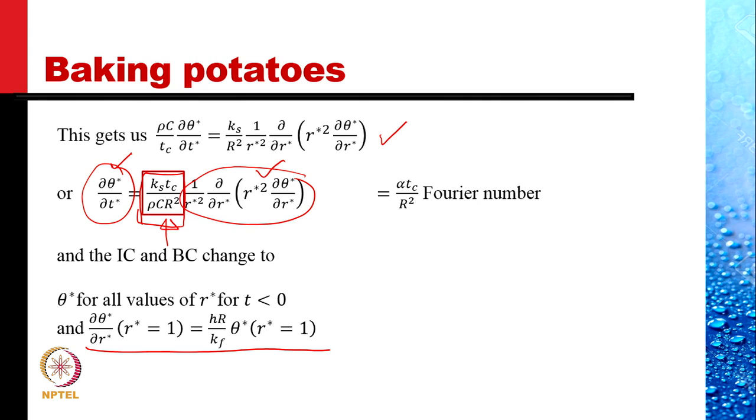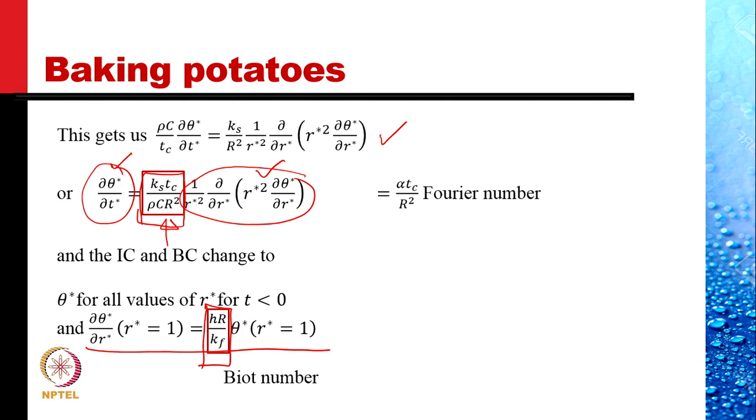Alpha t over R square is a term that we came across earlier, and we had named it there the Fourier number, Fo. And we get this other parameter, which is termed the Biot number, hR over kf. h is the heat transfer coefficient in the fluid, R is the radius of the potato, and kf is the thermal conductivity of the fluid.